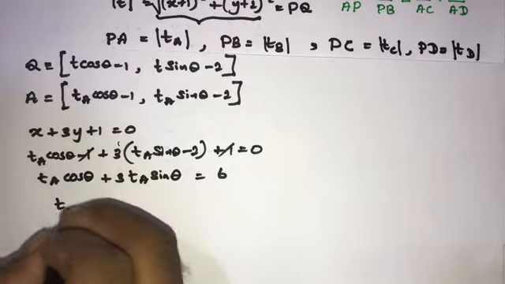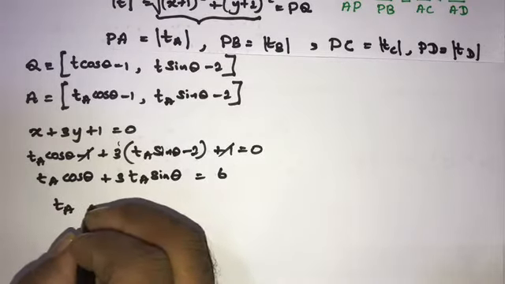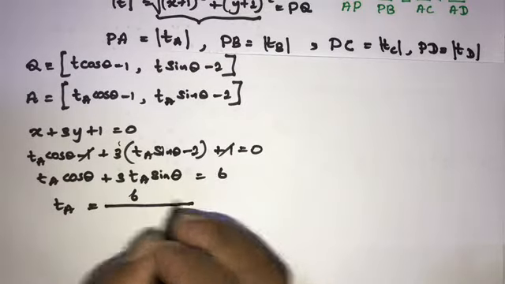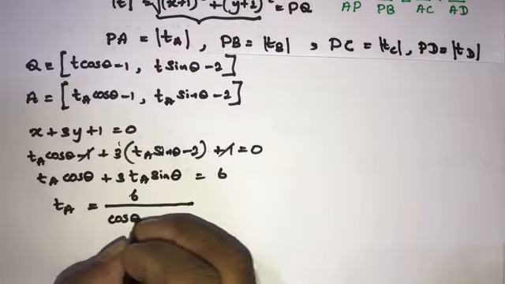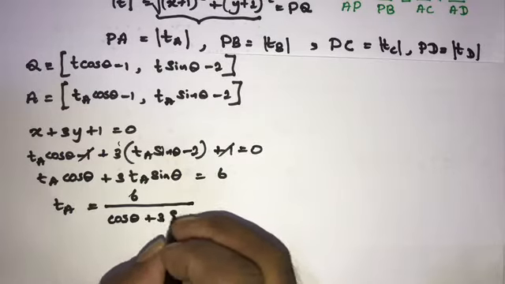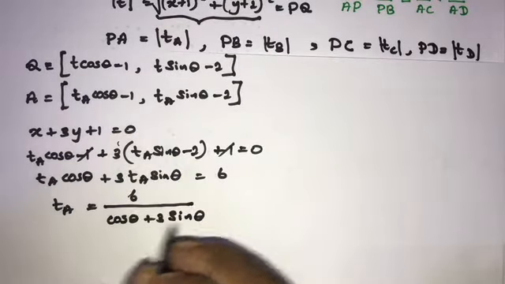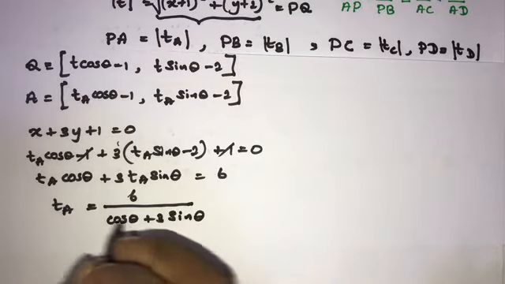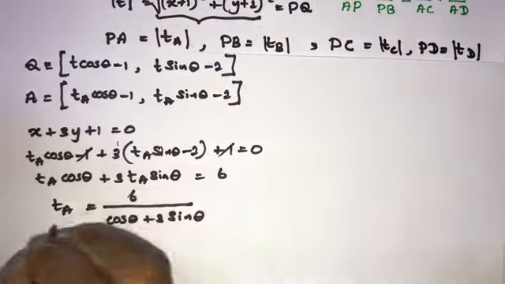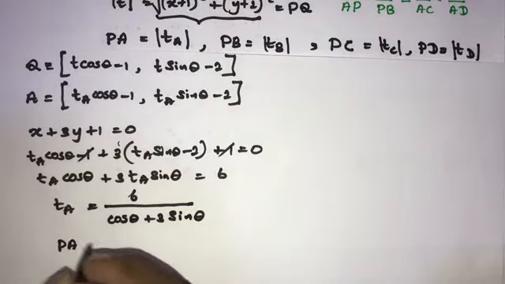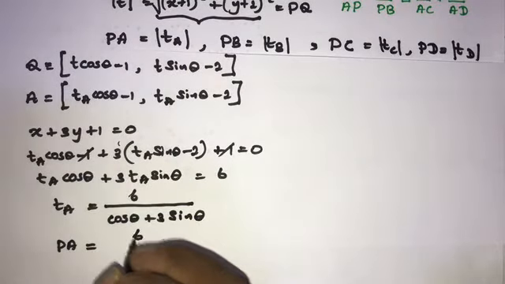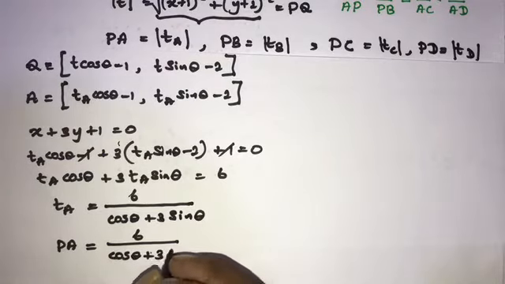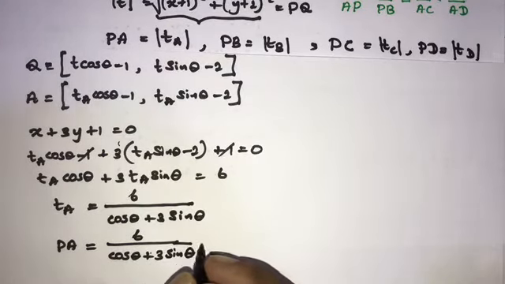Now we can isolate tA: tA is equal to 6 over cosine of theta plus 3 times sine of theta. In fact, this is a distance, so it is always positive, and we know this is equal to PA, the distance of PA, which is 6 over cosine of theta plus 3 times sine of theta.